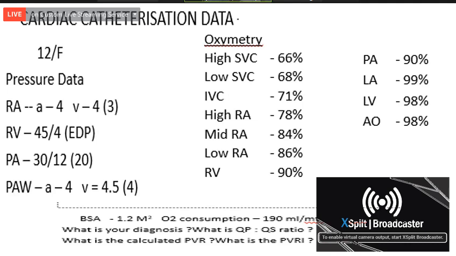Whether the gradient, 15 gradient, is it enough for you to diagnose an RV outflow obstruction? No, it should be more than 25. Yeah, usually the gradient should be equal to or more than 20. 20 you can take as abnormal.